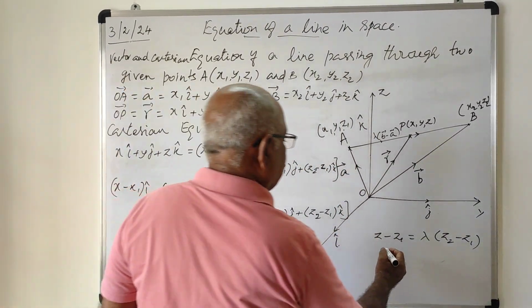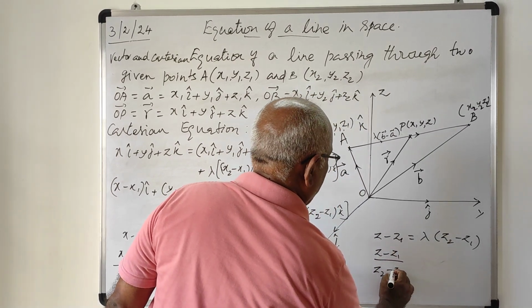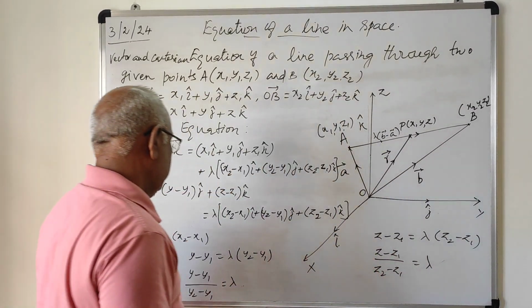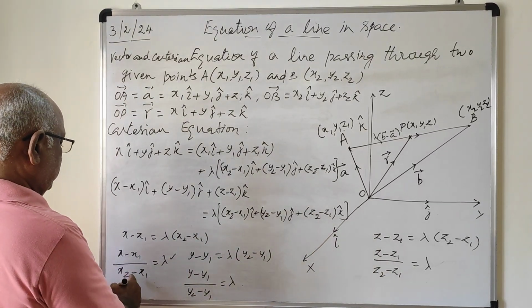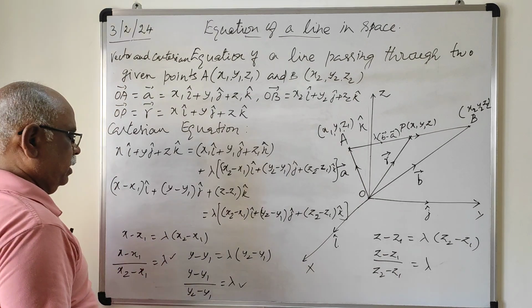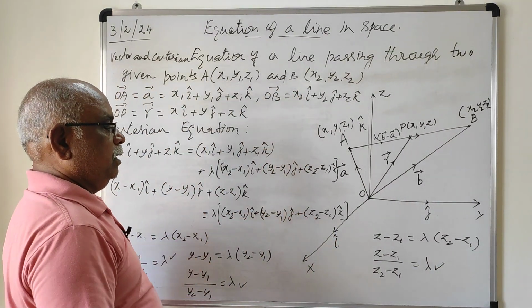That is z minus z1 by z2 minus z1 equals lambda. So all three, x minus x1 by x2 minus x1, y minus y1 by y2 minus y1, and z minus z1 by z2 minus z1, are equal to lambda.